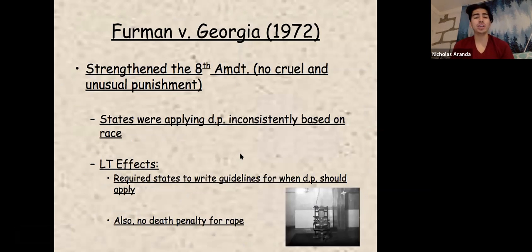Furman versus Georgia in 1972 strengthened the 8th Amendment, which states that individuals have a right against the use of cruel and unusual punishment. States were applying the death penalty inconsistently based off of race, according to Furman versus Georgia, 1972. The long-term effects of the case were that it required states to write guidelines for when the death penalty should be applied, and it also said that the death penalty cannot be used as an automatic punishment for rape cases.